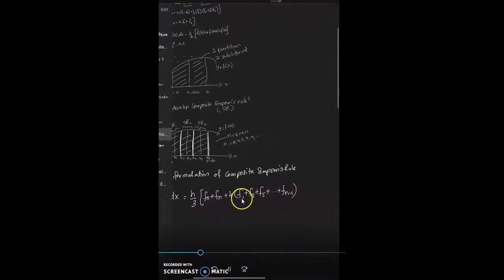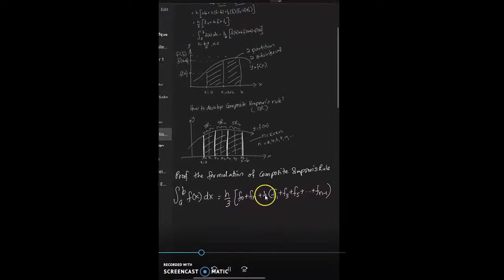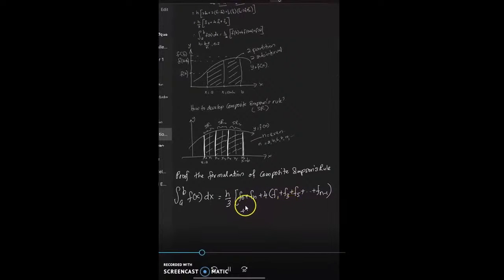In this case, you write h divided by 3 times f naught plus f n, following the basic Simpson's rule, plus 4 times (f1 plus f3 plus f5 plus f7), the odd values, plus 2 times (f2 plus f4 plus f6), the even ones.